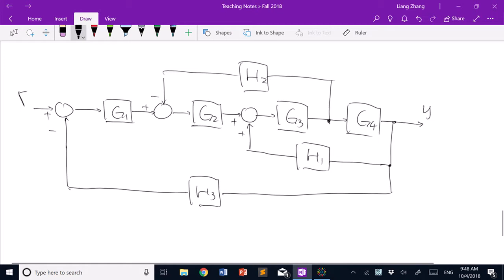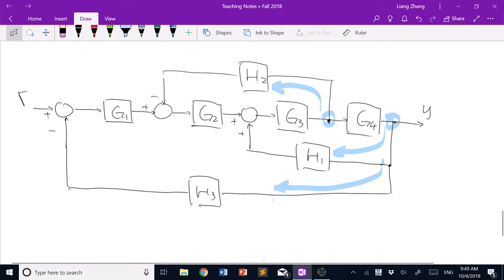The reference input will go through all the G blocks, and at a certain point some of the intermediate signals, for instance after this G3, from this point will have a signal going this route, and then the eventual output Y will be fed to 2 separate loops, as we have seen in the previous example.